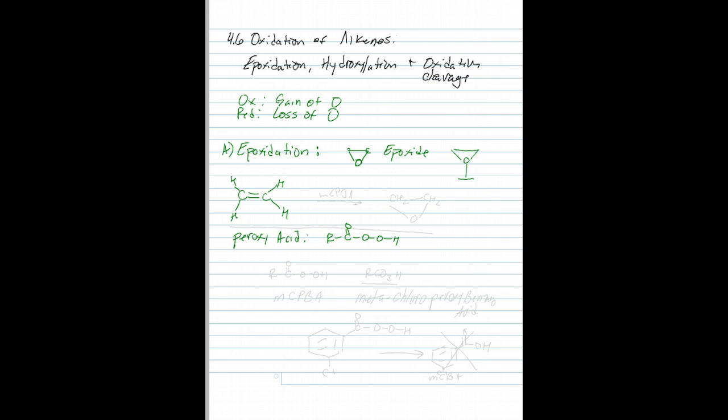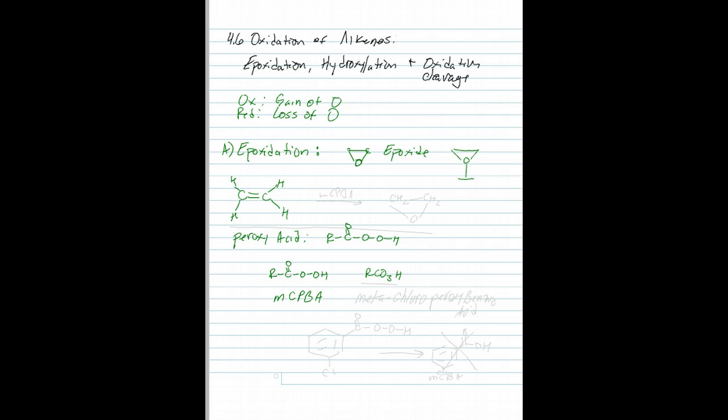Now, your book has three different ways of showing this. I don't like how your book does it. I wish they would just pick one instead of three different ways. But they might show it as RCOOOH or as RCO3H. Or the actual reagent that people use is called MCPBA.